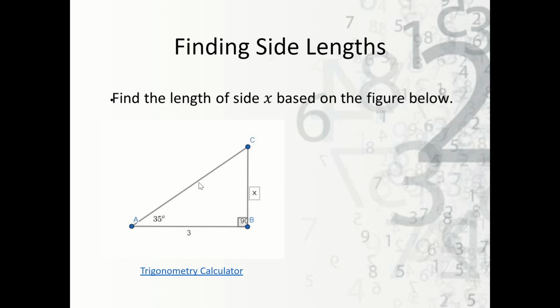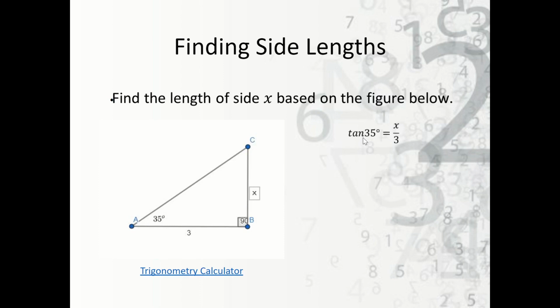We know nothing about this one, but that's what we need to find. So we know the opposite and the adjacent, and the function that uses opposite and adjacent is tangent. So tangent 35 degrees is equal to opposite over adjacent, which is x over 3.